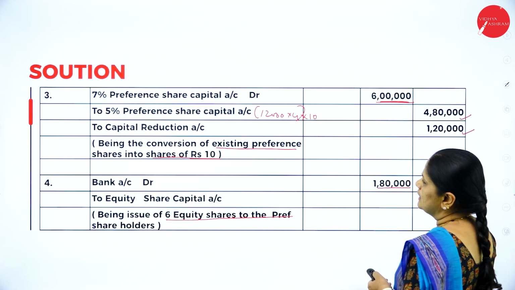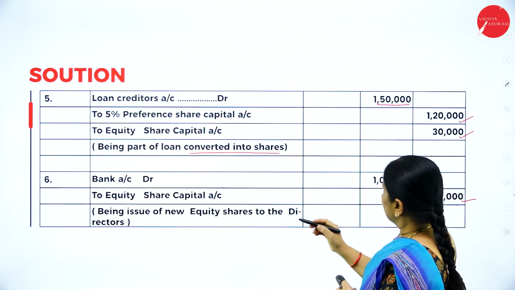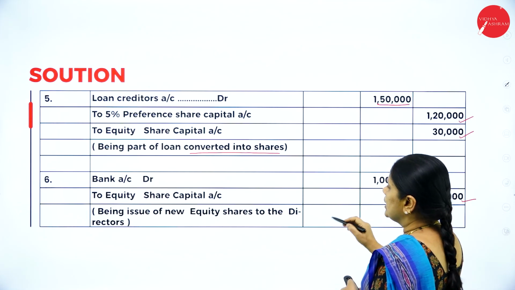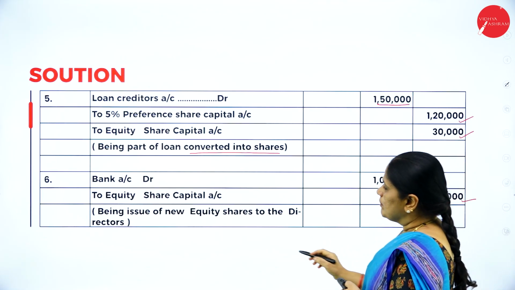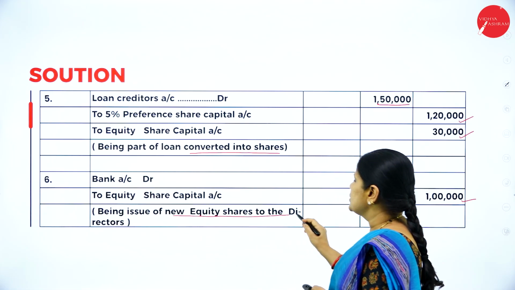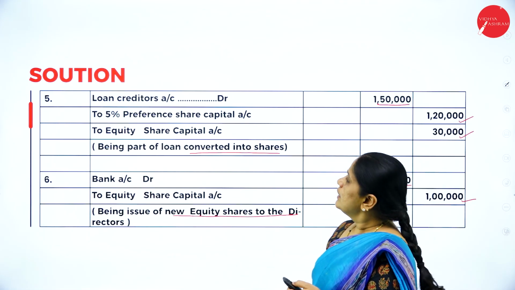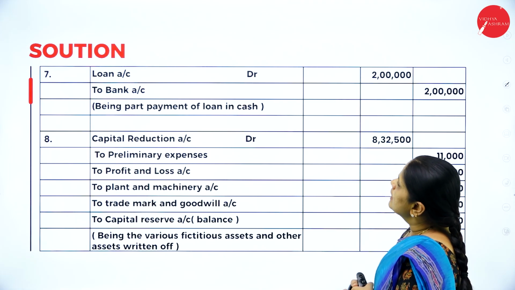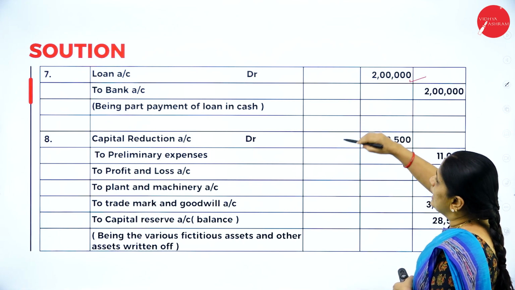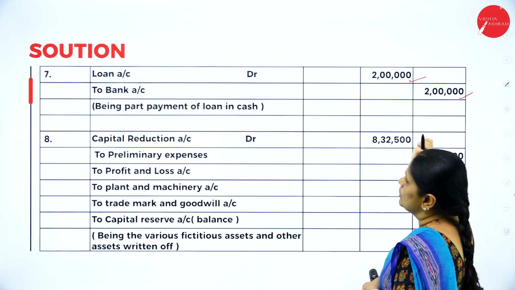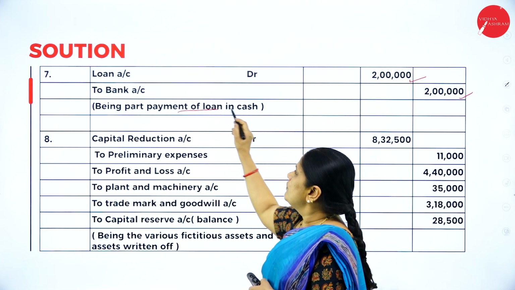So that entry I am writing it here. Bank account debtor 1 lakh to equity share capital 1 lakh being issue of new equity shares to the directors.